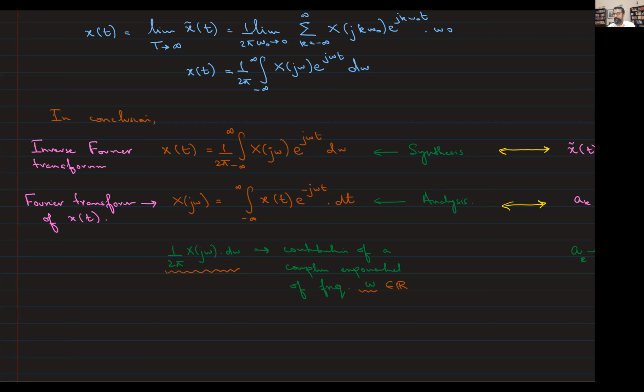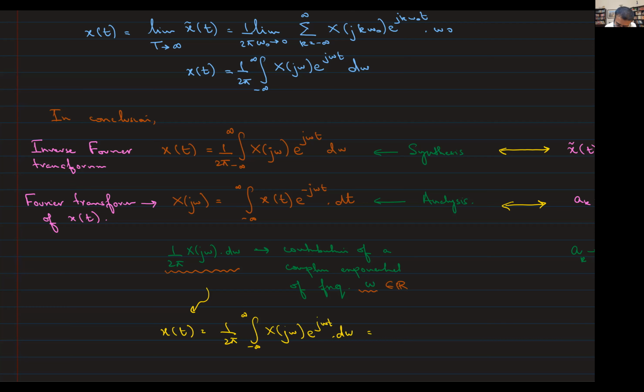Daniel, let me take your question first. You asked, how did you get this expression? Which expression? Sir, 1 over 2 pi X of j omega. Okay, so here's how. Let me expand on this. I know x of t equals 1 upon 2 pi integral from minus infinity to plus infinity X of j omega e raised to j omega t d omega, right?